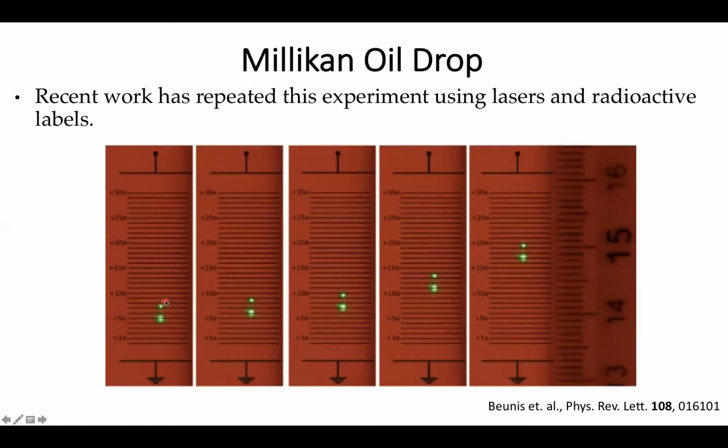And so what you're seeing here is essentially the movement of a single oil drop with only a single electron moved, as it essentially rises against gravity due to that magnetic pole. So again, it's a quite cool set of experiments.